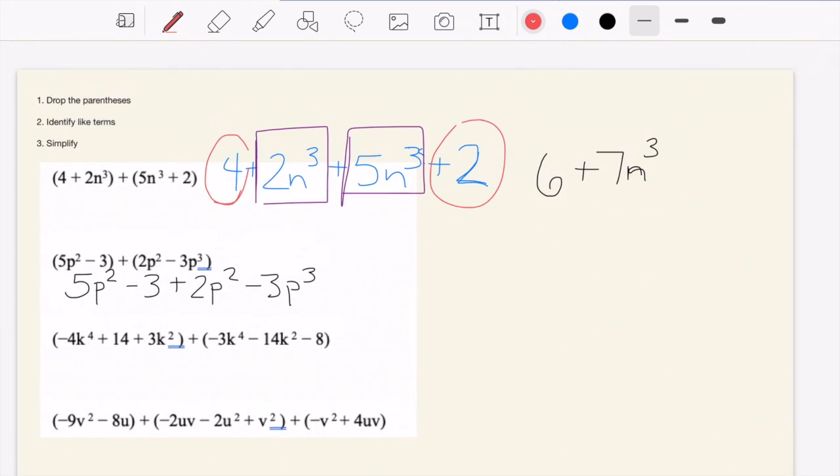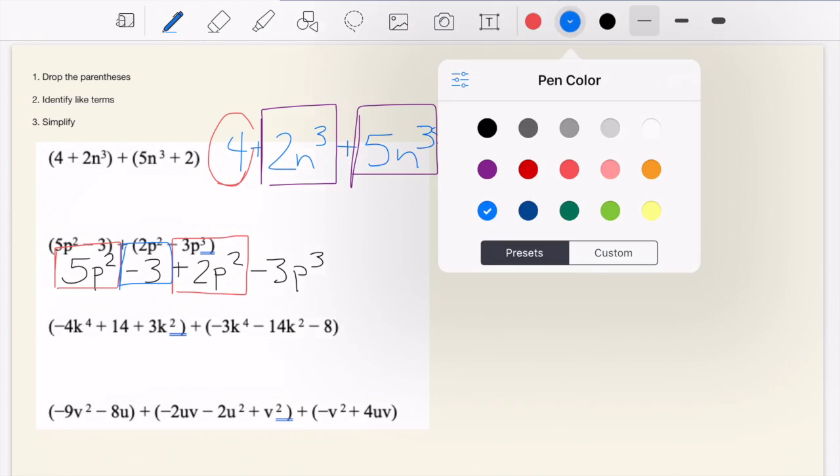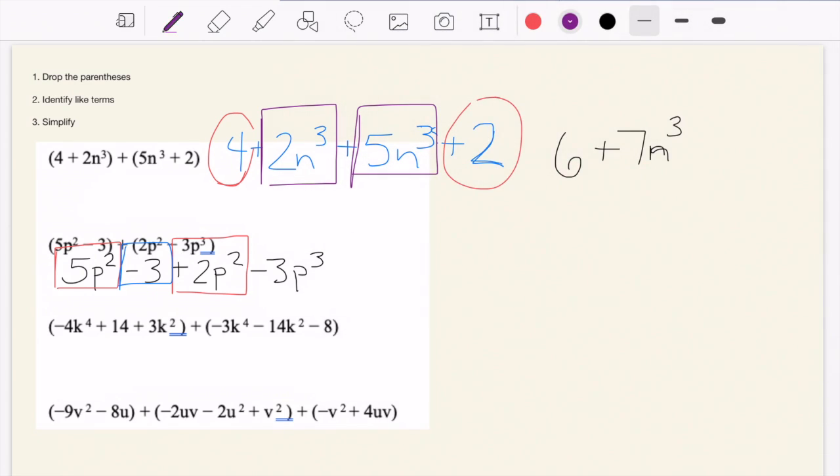We have 5p squared, that's going to be our orange, and then anything else with p squared as a last name. We have positive 2p squared. And then we have negative 3, so we're looking for anything else that's just a number by itself, and I don't see any.